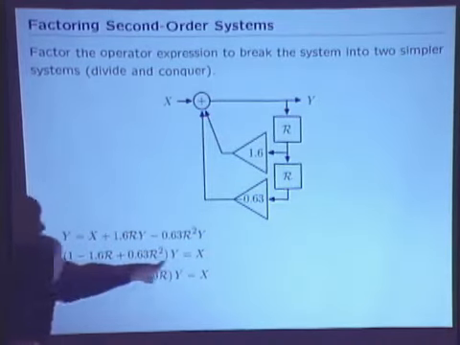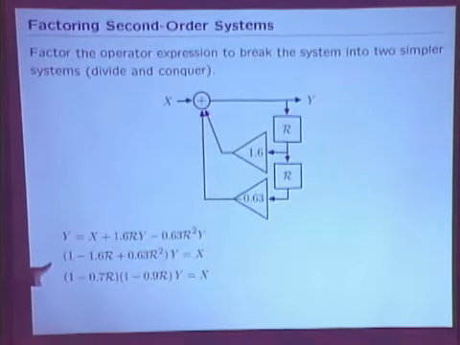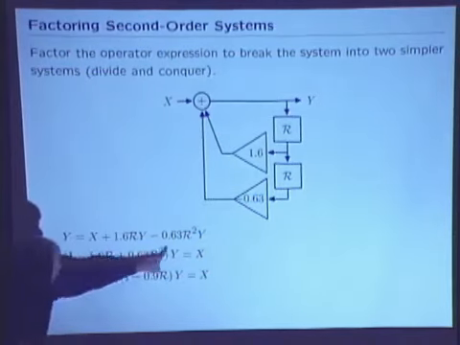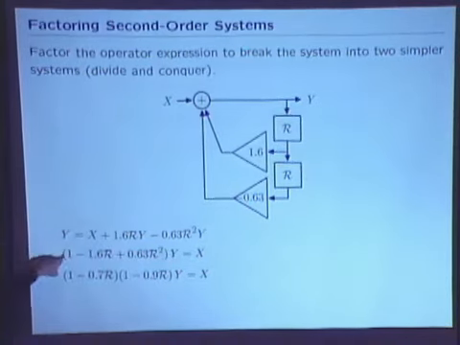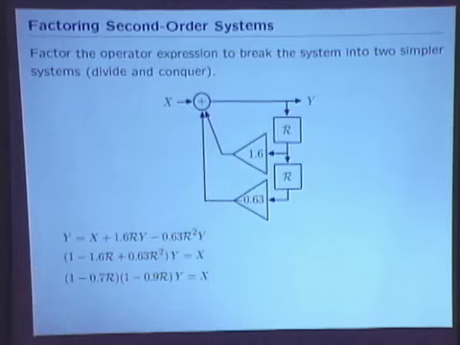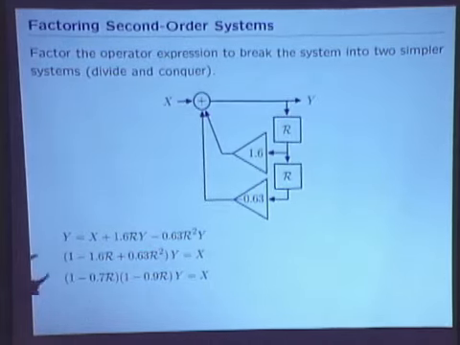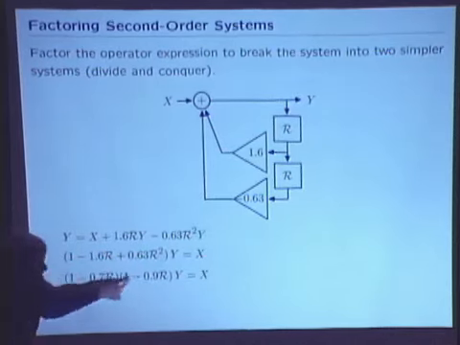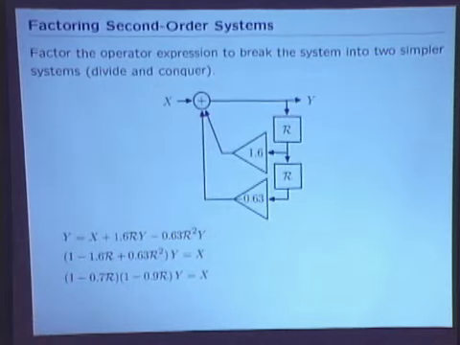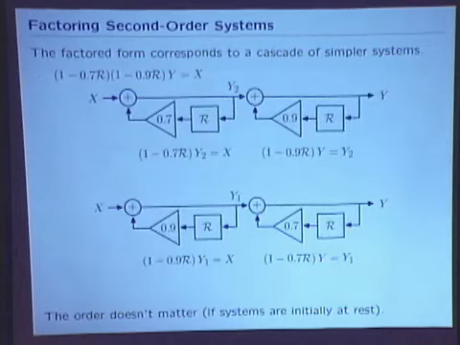I can turn that into an operator type representation here. So I operate on y with this mess to get x. It's backwards, feedback, that's what happens. But this second order polynomial in R can be factored into 2 first order polynomials in R. And not surprisingly, that then leads to a representation of the more complex system in terms of 2 simpler systems.